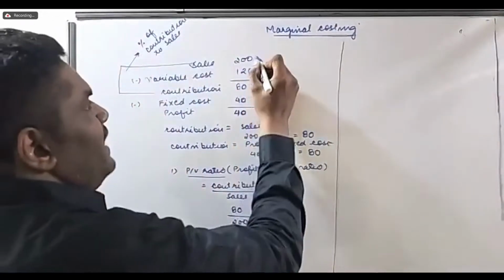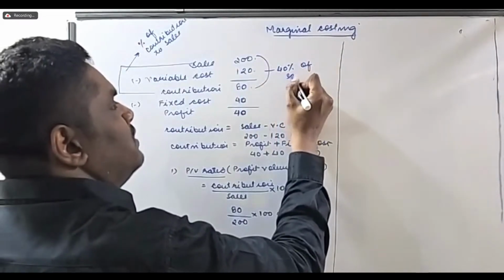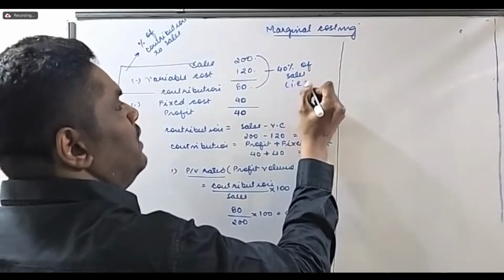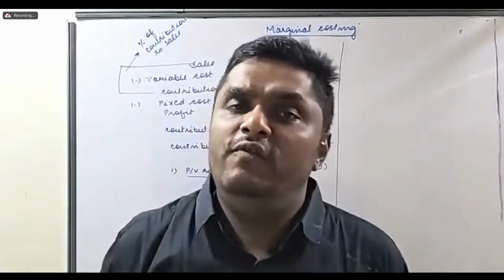So herein we can say that this 80 is 40% of my sales, and my sales is 200.